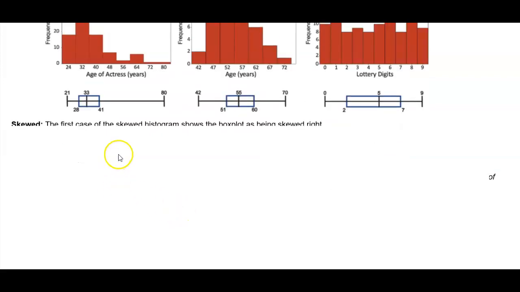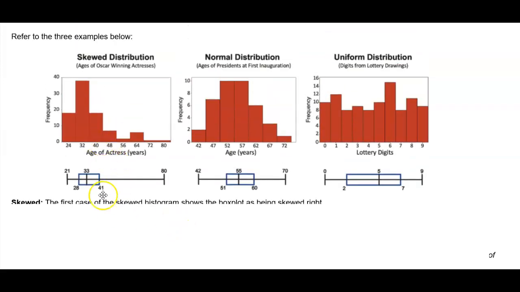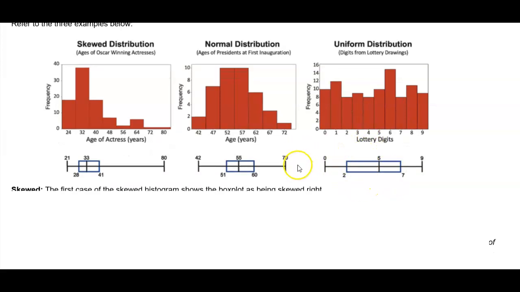Now if we look at the box plots, you can see what's happening. The first box plot has a longer right tail. For the normal distribution, you can see that we have a symmetric situation. Now for the uniform distribution, you can see what the box plot looks like.